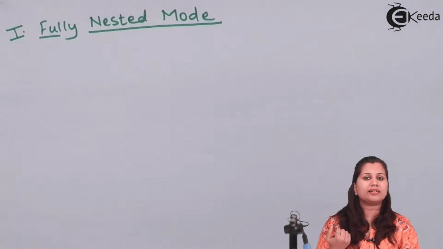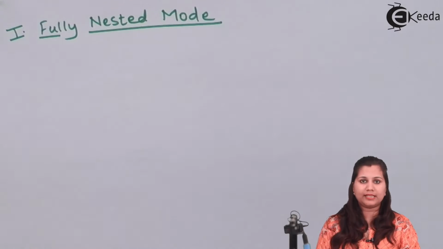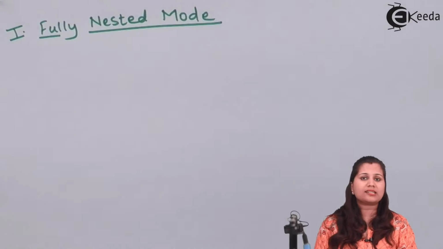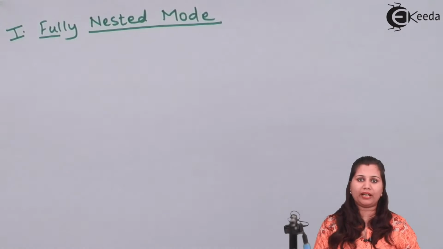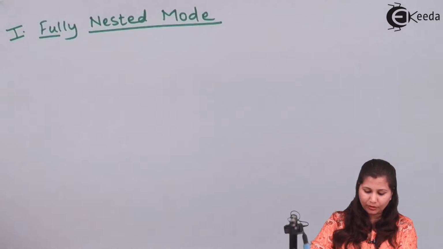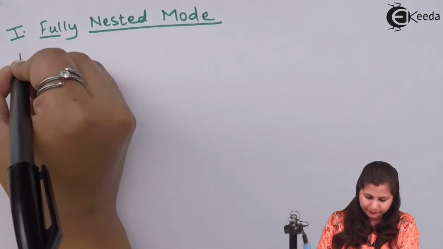Then the microprocessor executes that subroutine, and the corresponding bit of the interrupt request becomes 0, so it is reset. It is just the default mode of operation in which the 8259 works. So let's write the features of this fully nested mode.